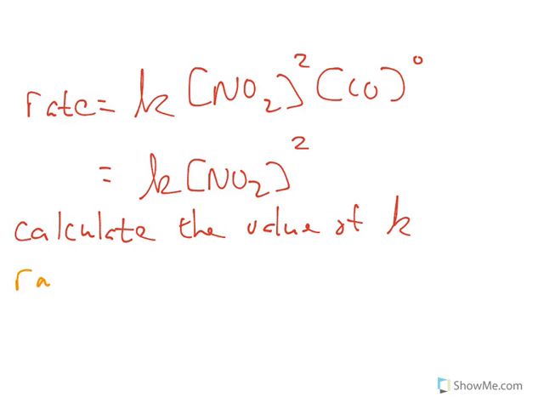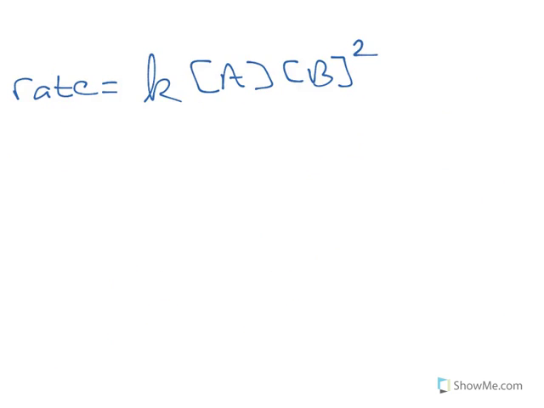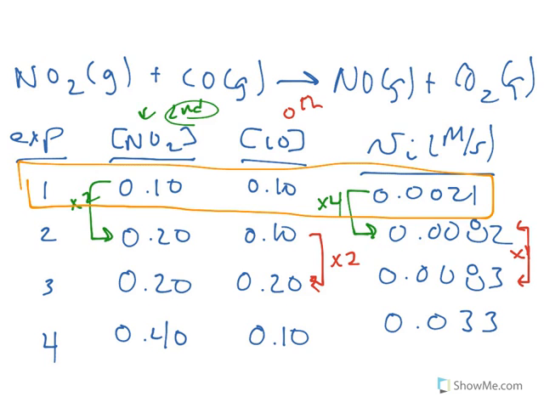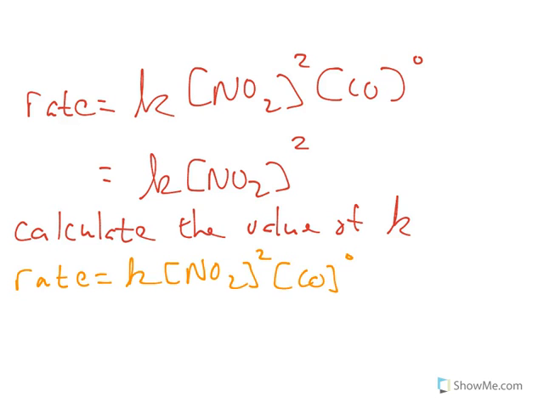Rate equal to K, concentration of NO2 squared, carbon monoxide to the 0th power. All right, and let's say experiment 1, our rate was 0.0021. And rate is always molar per second. Okay?